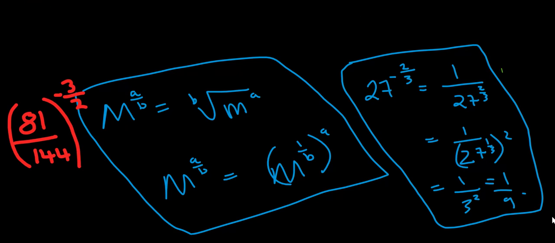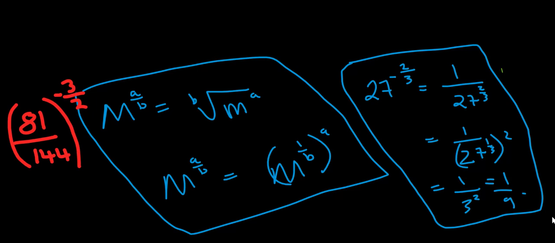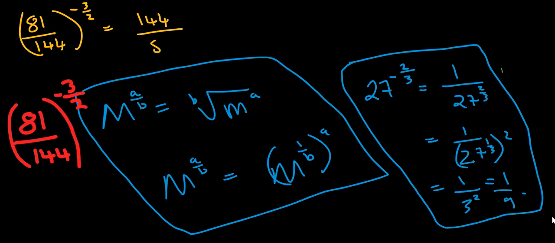So let's do that in my favorite color. So the question is 81 over 144 to the negative 3 over 2. Well, that is the same as 144 over 81 to the 3 over 2.